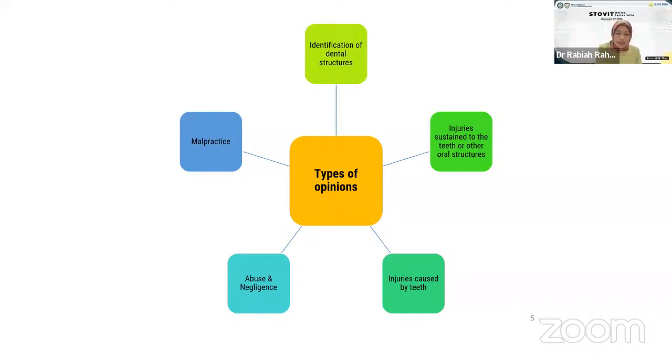This is when the insurance will report to the police if there's any suspicious claim, and the police will refer the case to the forensic odontologist to do further investigation. So this is an example of malpractice. For the other types of opinions, I will go through in the next slides.